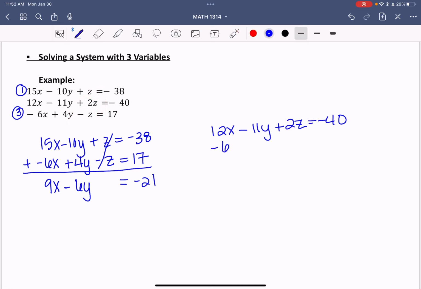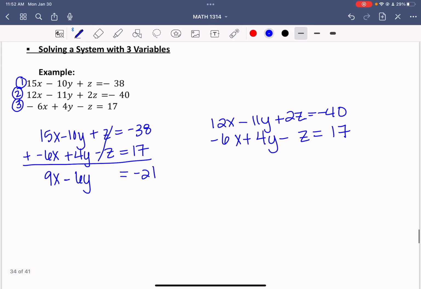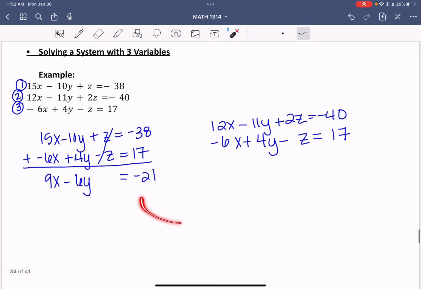Now I'm taking the combination of this second equation with the third, and I'm going to try again to cancel out the z. Then maybe I can take these two results and put them together with x's and y's, because we know how to work with that.